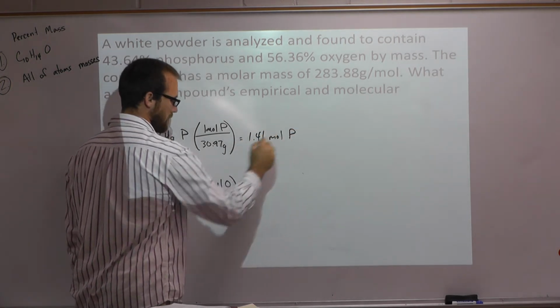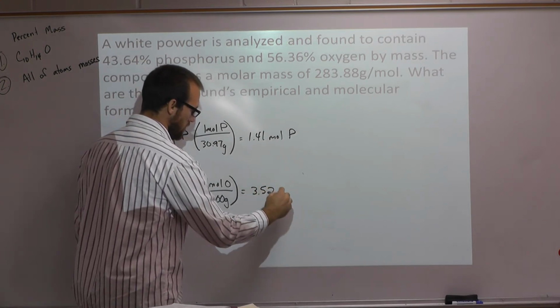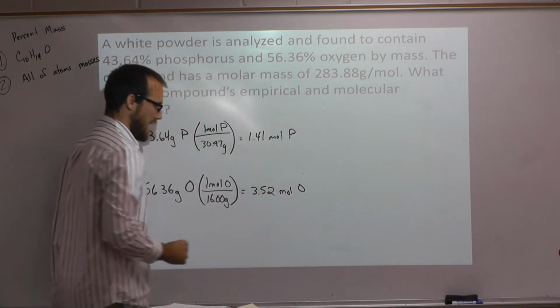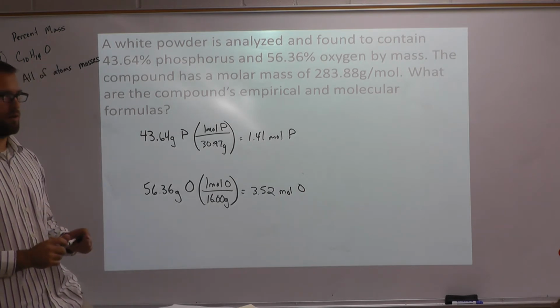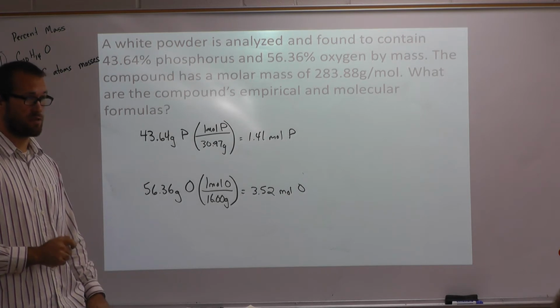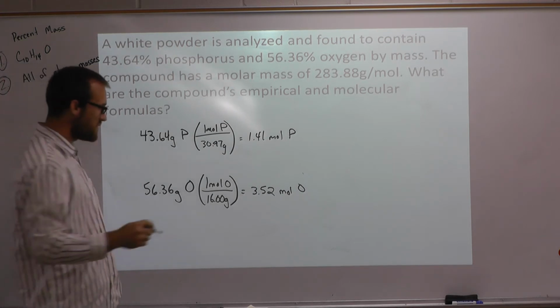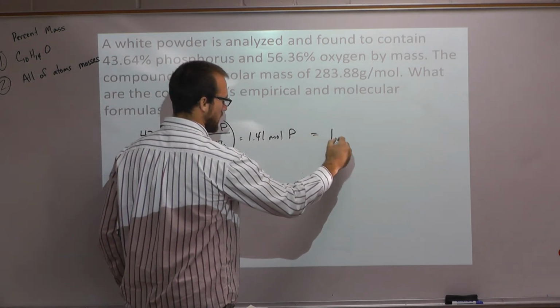Moles, 3.52 moles. Now again, is this a nice whole number ratio? No, but this is the correct ratio, it's just not a nice whole number ratio. So how do we get nice whole number ratios? Divide by the smallest, so that's just going to be 1.